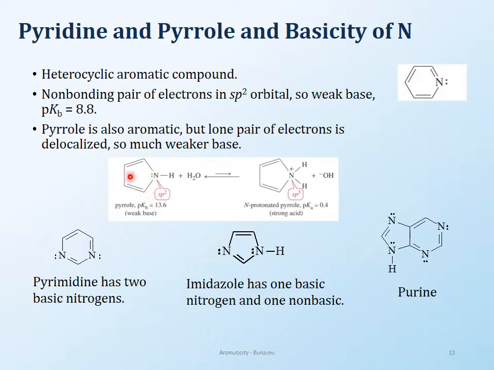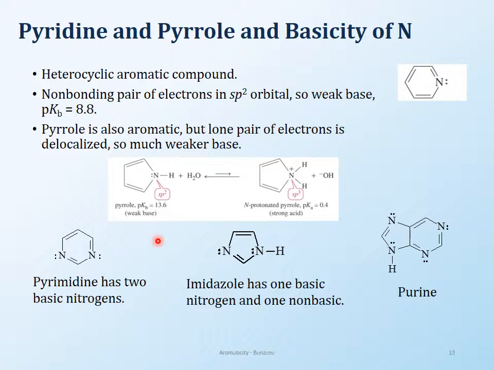And if they are busy over here, they cannot be donated as a base, which means that pyrrole is not basic in properties. So pyridine has slightly basic properties, whereas pyrrole does not, okay? Which means that just by way of aromaticity, you have also changed the acidic and basic properties of a compound.